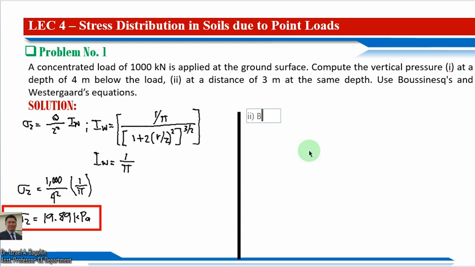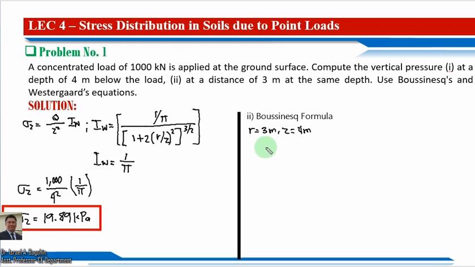So again, using the Boussinesq formula, we have this additional parameter which is our R, which is equal now to 3 meters, and our Z is just the same, which is equal now to 4 meters.